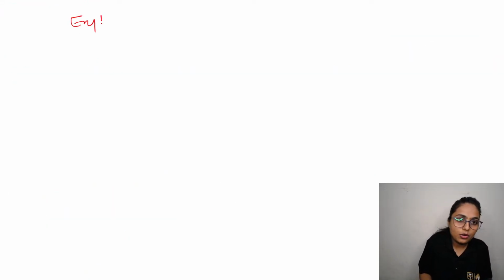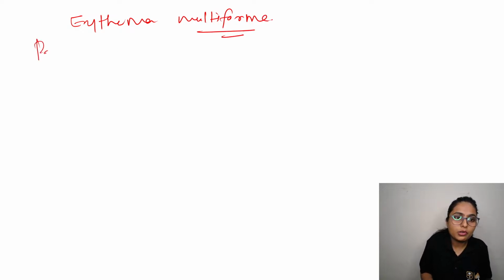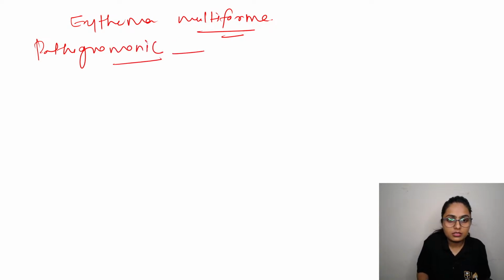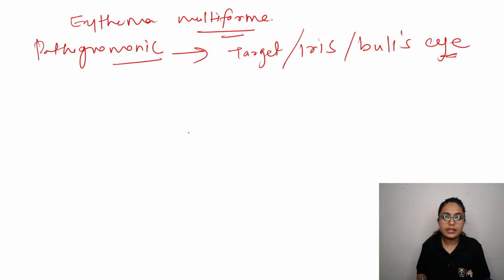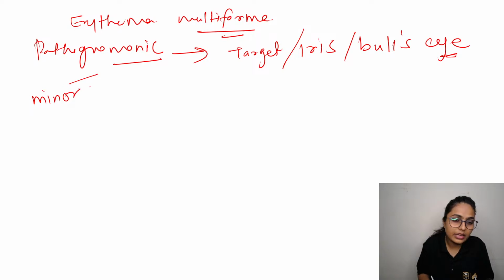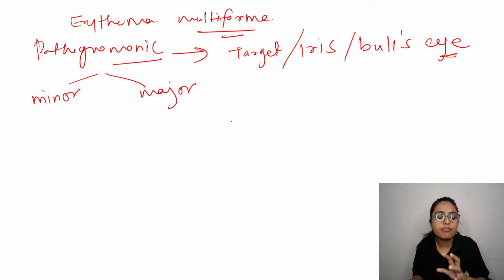So erythema multiforme, the pathognomonic sign of erythema multiforme is target lesion, iris lesion, or bull's eye lesion. All right. And erythema multiforme is basically divided into minor erythema multiforme and major, depending on the area of involvement.